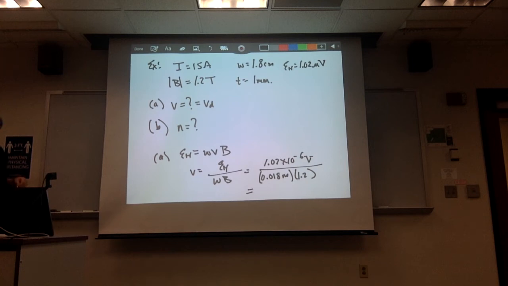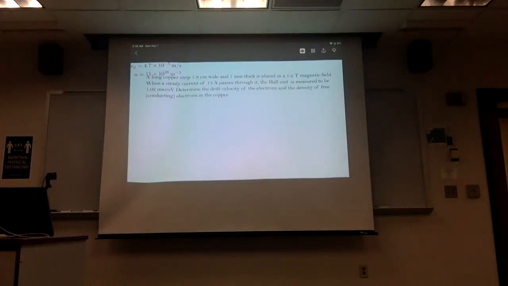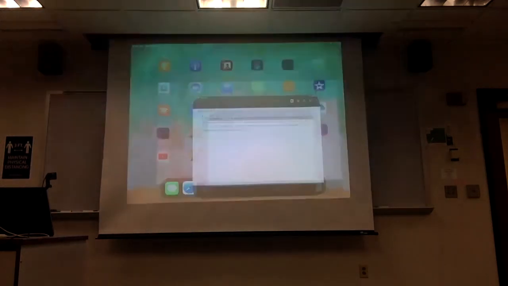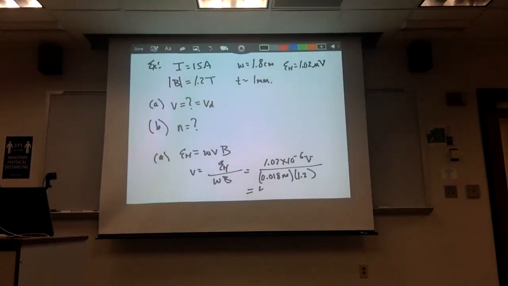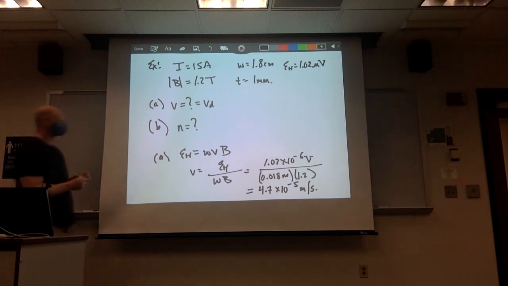Looking at my numbers, what I find in this case is 4.7 times 10 to the minus 5 meters per second. So this is my velocity, or my drift velocity, of the electrons moving through.